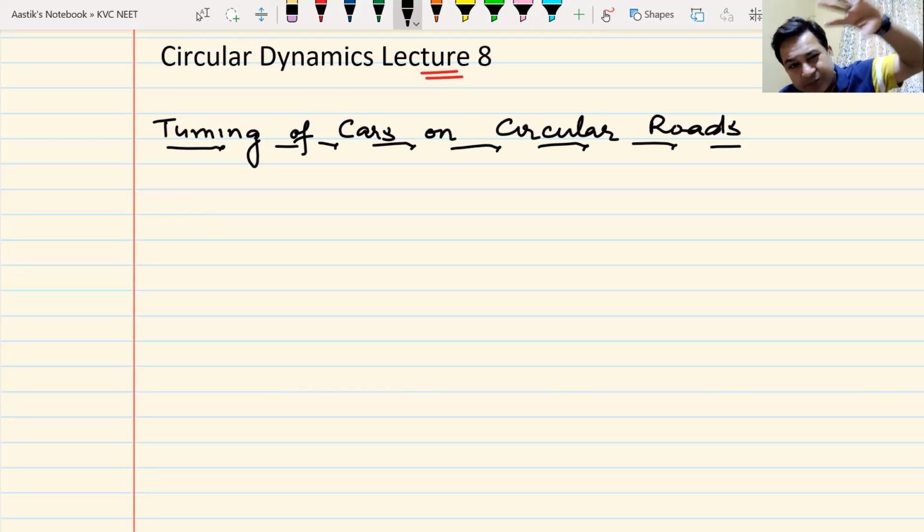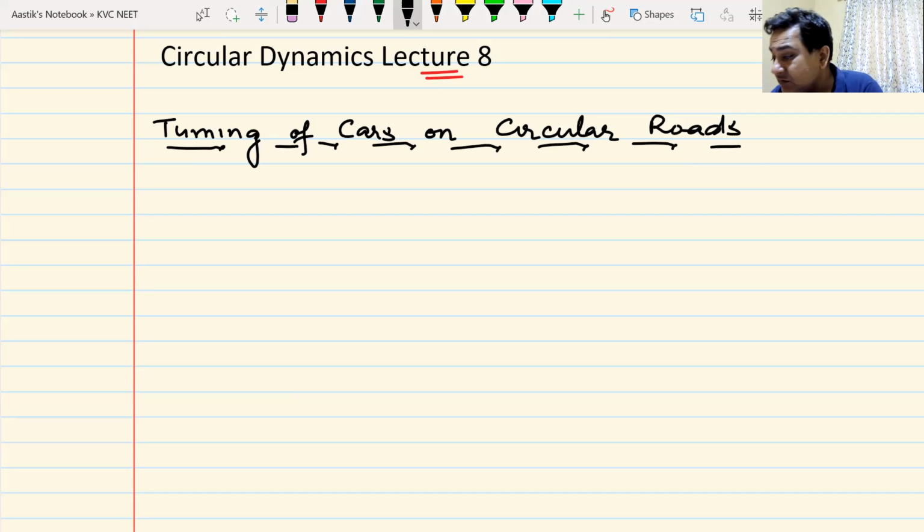Sometimes there is also a speed limit given, maximum speed 60 km per hour, 80 km per hour, 100 km per hour. And when it's a straight road, the maximum speed increases. Have you ever wondered why it is so? Why, when you are on a circular track, you have to decrease your speed?